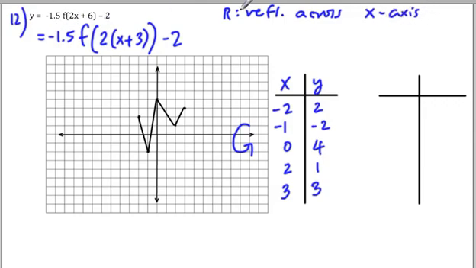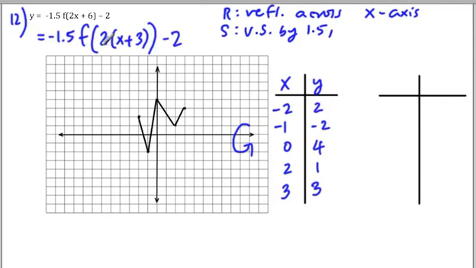There's no other reflection, so we don't have to worry about that. Now we see the 1.5. We don't have to worry about the negative anymore because we took care of that in the reflection. So all the y's are going to be multiplied by 1.5. It's only going to affect the output. So basically it's a vertical stretch by 1.5.